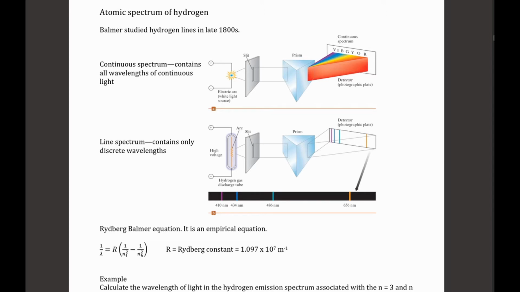Then we see a green line, and that has a wavelength of 486 nanometers. Then we see a blue line with a wavelength of 434 nanometers, and then a violet line with a wavelength of 410 nanometers. So those are the 4 lines that we would get if we looked at hydrogen. They are the 4 lines that Balmer got when he looked at hydrogen.